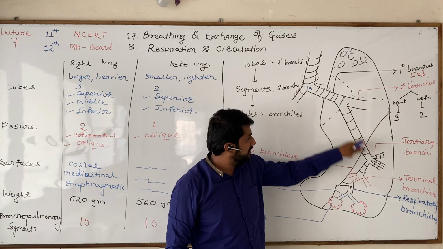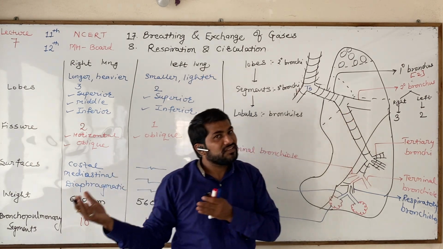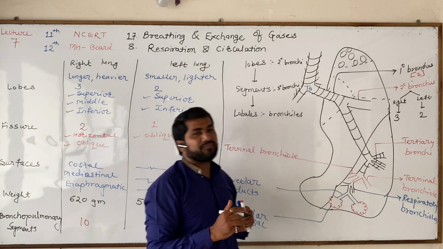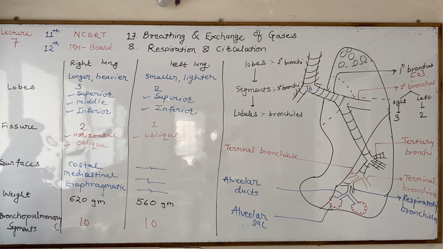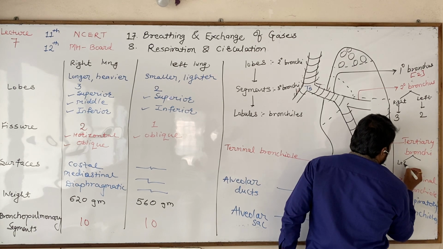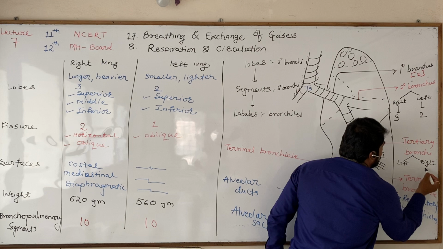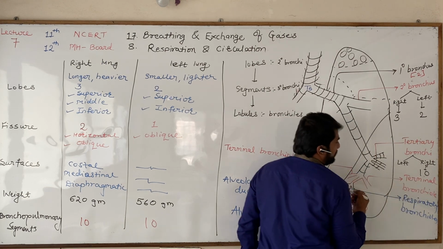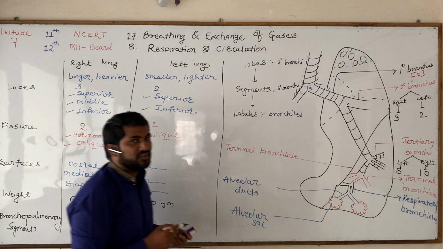In the left lung there are only 2 secondary bronchi, but in the right lung, as there are 3 lobes, there will be 3 secondary bronchi. Tertiary bronchi, in left and right lung: in the right lung there are 10 tertiary bronchi, and in the left lung there are 8 tertiary bronchi.